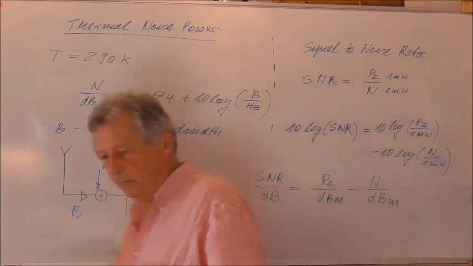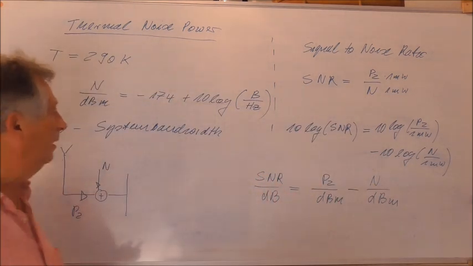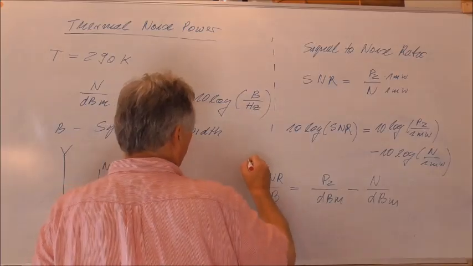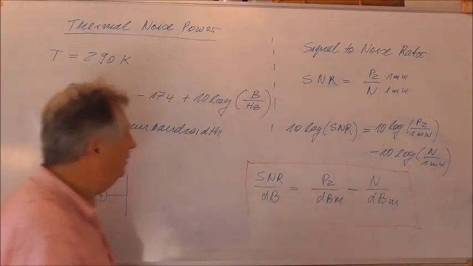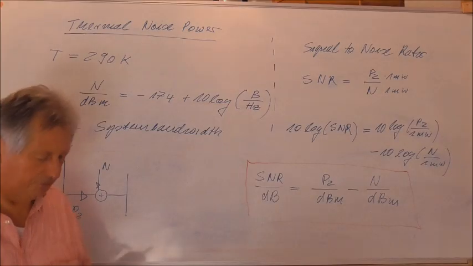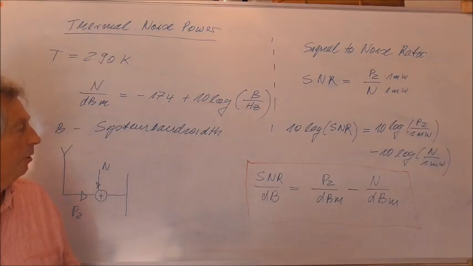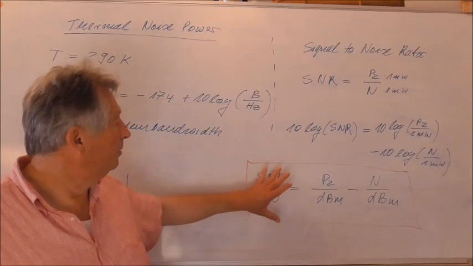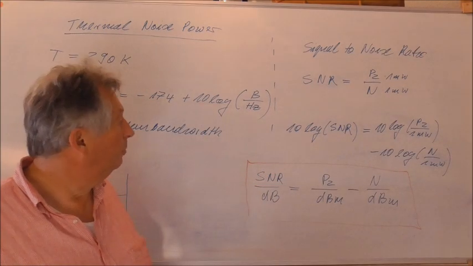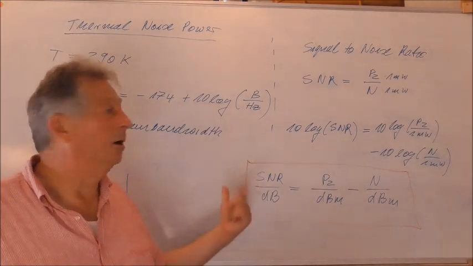This means with the help of this equation we can determine the signal to noise ratio which we will reach in the receiver, and for certain modulation schemes you must have a certain signal to noise ratio so that the communication link can work.